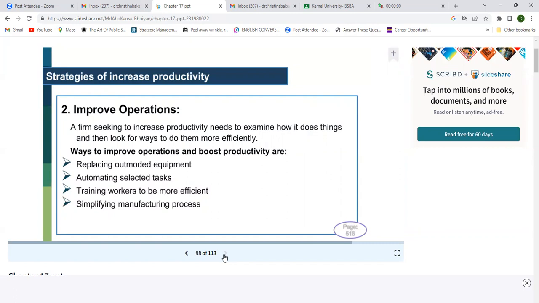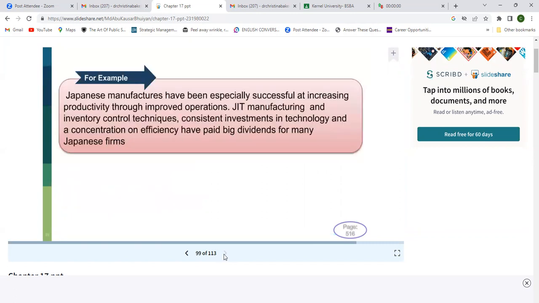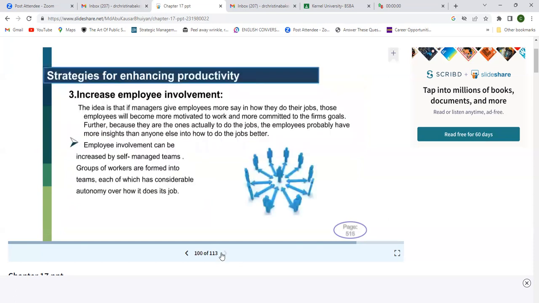Ways to improve operations and boost productivity are replacing outmoded equipment, automating selected tasks, training workers to be more efficient, and simplifying the manufacturing process. Japanese manufacturers have been especially successful at increasing productivity through improved operations, JIT manufacturing, inventory control techniques, consistent investment in technology, and concentration on efficiency, which have paid big dividends for Japanese firms.